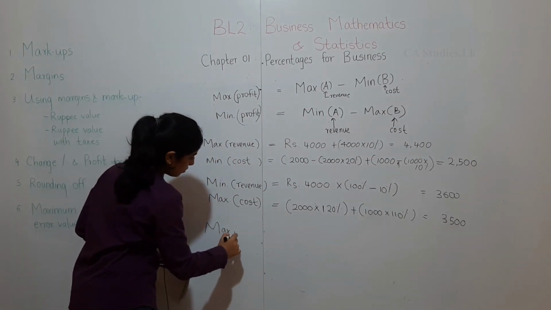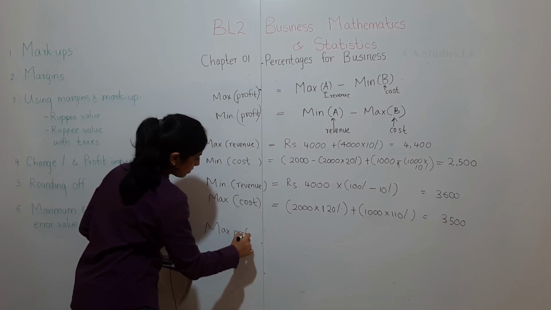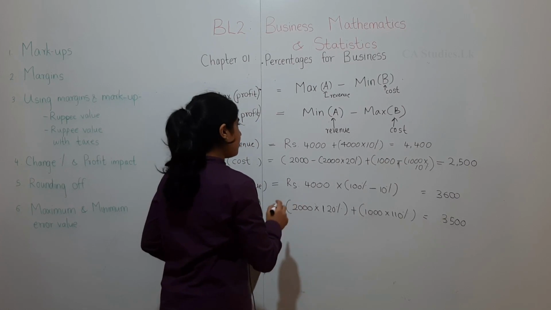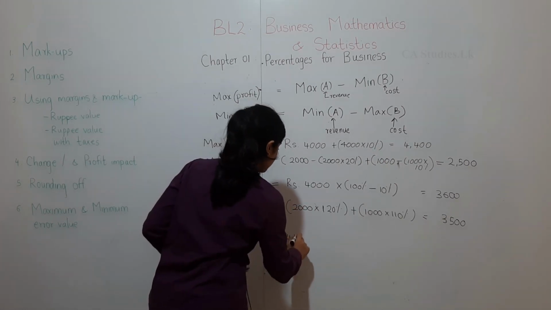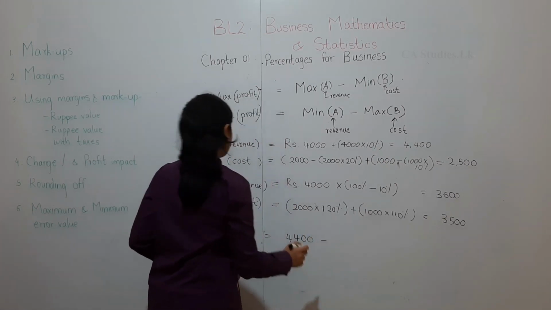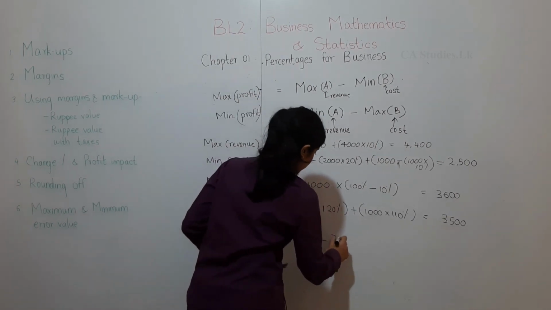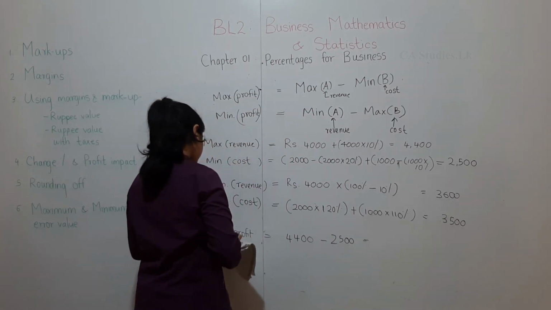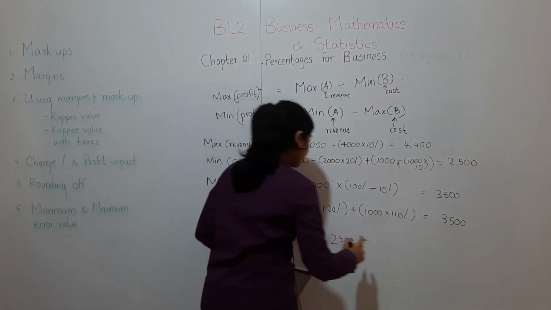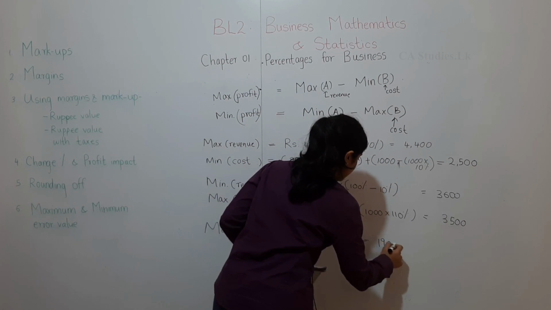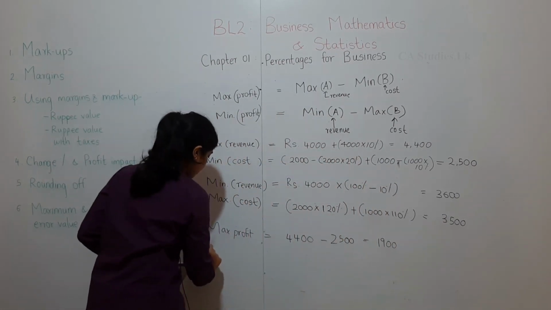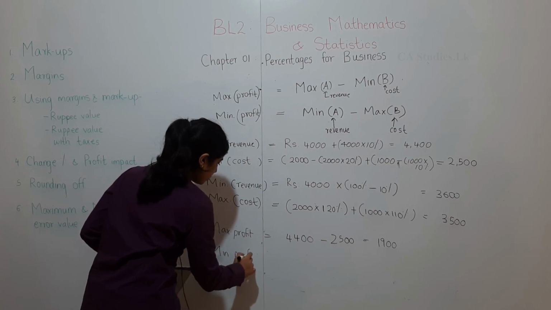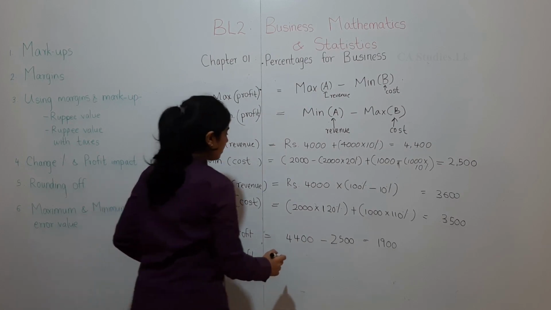Now, what is the maximum profit? Maximum profit equals maximum revenue minus minimum cost. Maximum revenue is 4,400, minimum cost is 2,500. Total 1,900. Then what is the minimum profit? Minimum profit equals minimum revenue minus maximum cost.